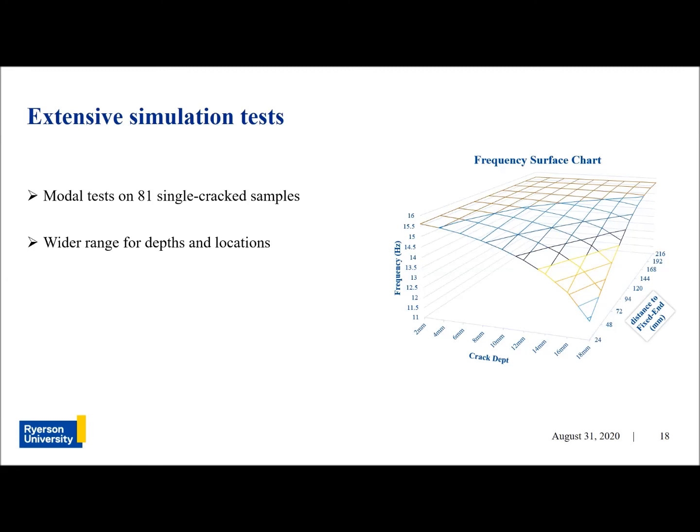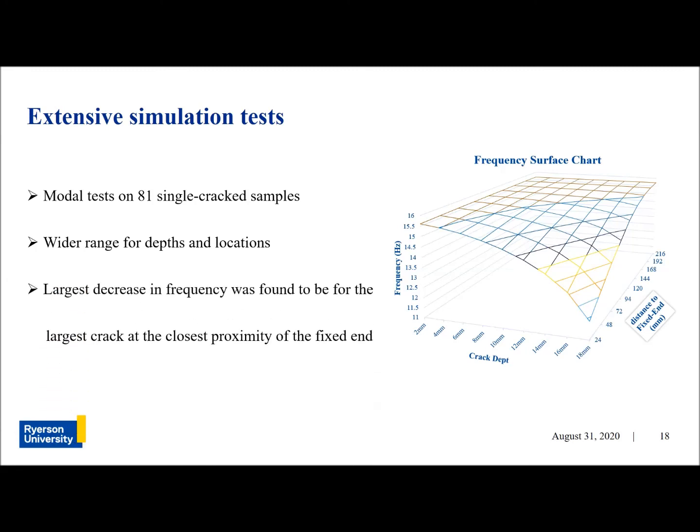The crack was defined in 9 locations, spaced every 24 mm from the clamping zone, with 9 different depths ranging from 2 to 18 mm. As can be observed from the graph data, the largest decrease in the system's natural frequency is observed for the largest crack located at the closest proximity of the fixed end.